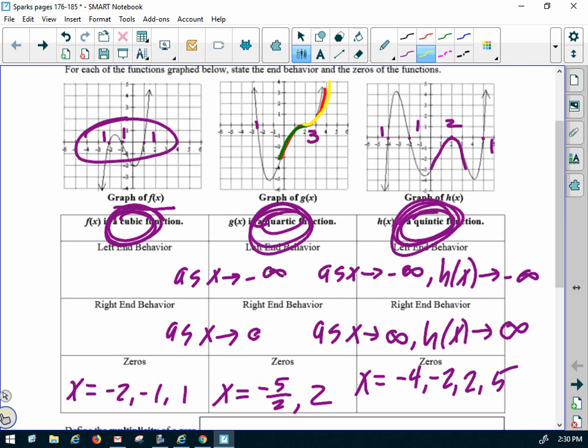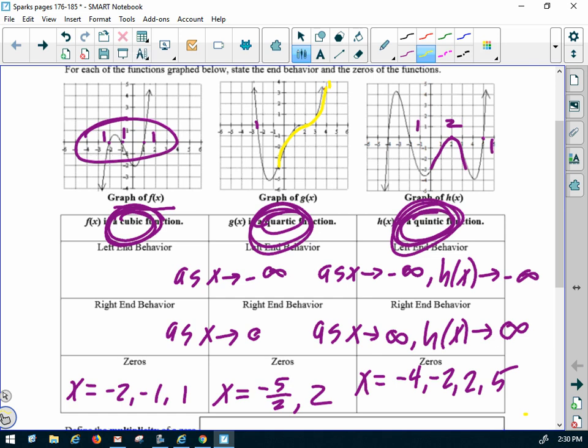Do you see that right at that 0, right there, that's where the function changes from shedding water to catching water? Does that make sense at all? That, ladies and gentlemen, is called a point of inflection. You don't need to write that down yet. It'll come later. But that's what it's called.